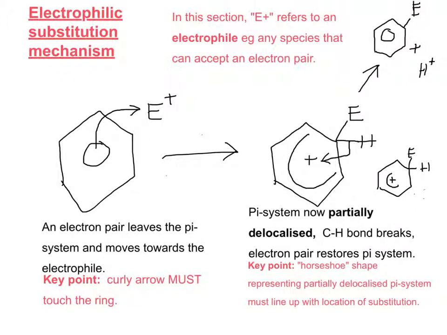So what am I trying to get at here? Basically, you need to imagine a dotted line, or even just a straight line like that, and your horseshoe shape should line up with it like so. Okay?